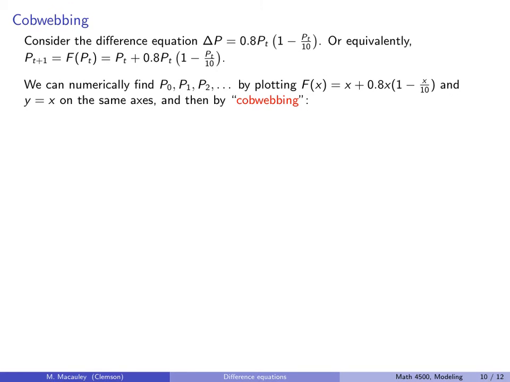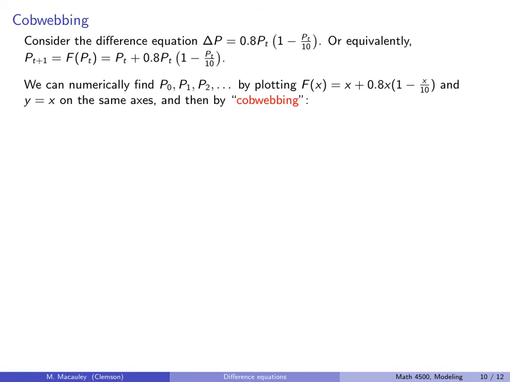But for now, let's learn a technique that allows us to visualize the dynamics of a difference equation using a simple graphic thing that you can teach someone in middle school to do. And let's do it with an example. So consider the following difference equation. Here's one way to write it in terms of delta P. Now if you write delta P as P t plus 1 minus P t, you can rewrite this equation like this.